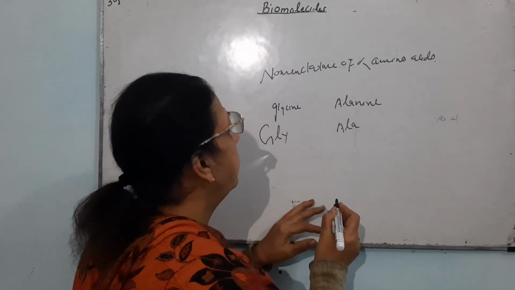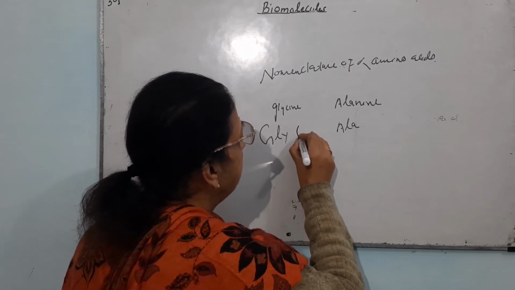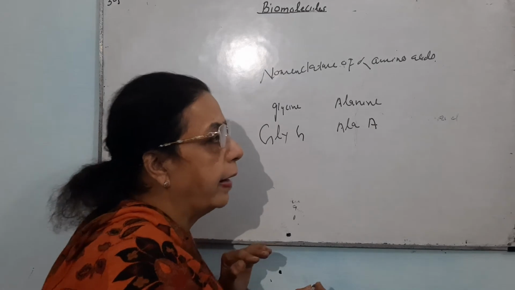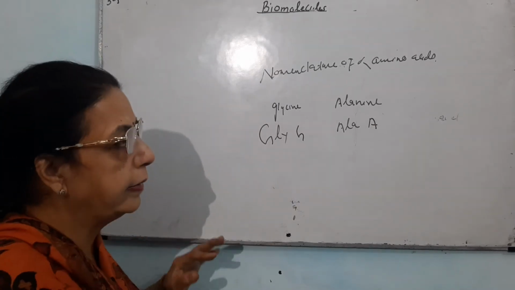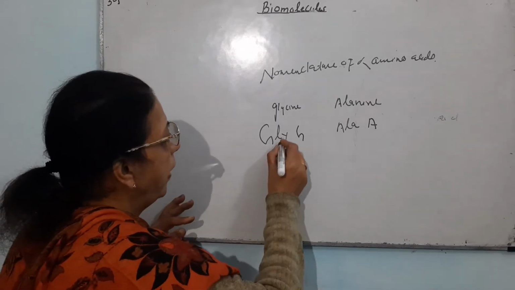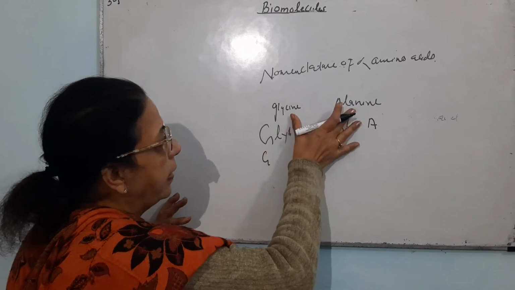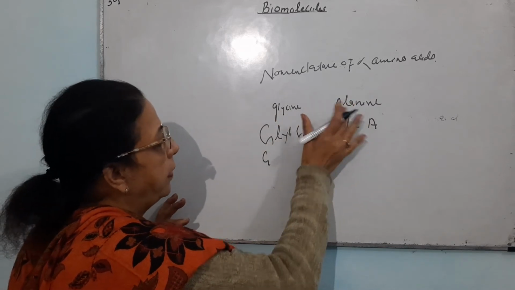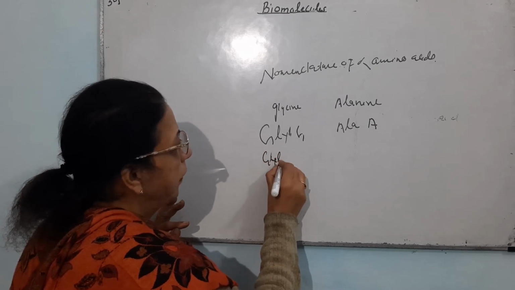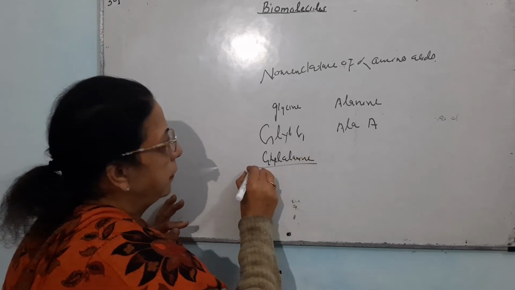They can also be given by a one-letter code, that is G, that is A. When we combine these alpha amino acids, we add L. Suppose two alpha amino acids have been combined, we will write glycyl alanine, like this.